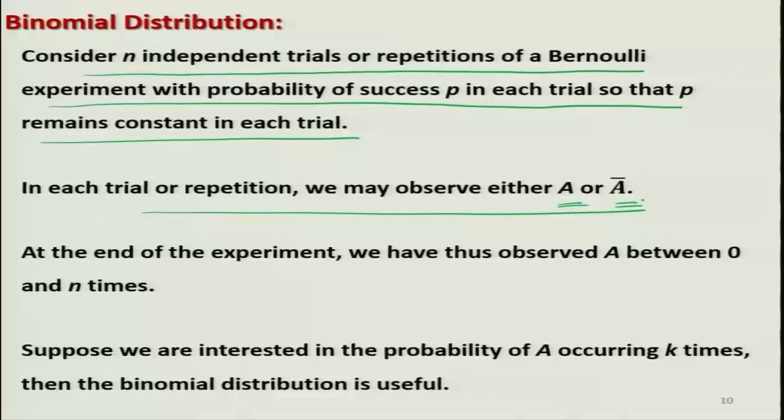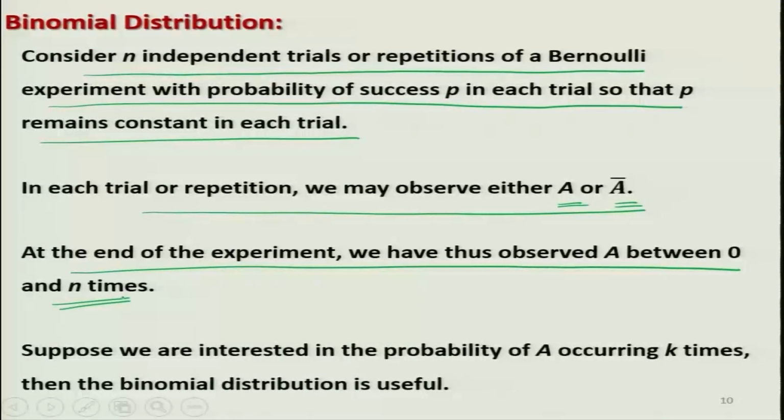For example, either we are interested in the outcome of newly born babies being male or its complement, female. If you are interested in the number of successes, then its complement is going to be the number of failures, right.